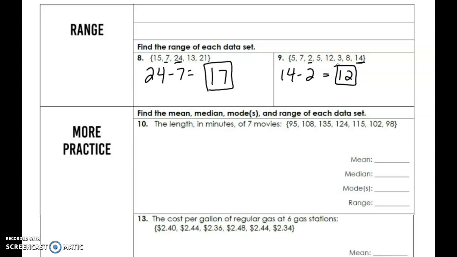All right, number 10. The lengths in minutes of a movie are 95, 108, 135, 124, 115, 102, 98. Find the mean, median, and mode.